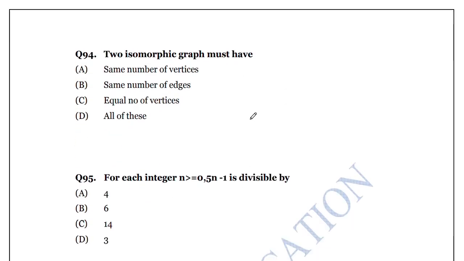Okay. The next question is, 2 isomorphic graphs must have the same number of vertices, the same number of edges, and equal degree sequence. So all of the above is the answer.